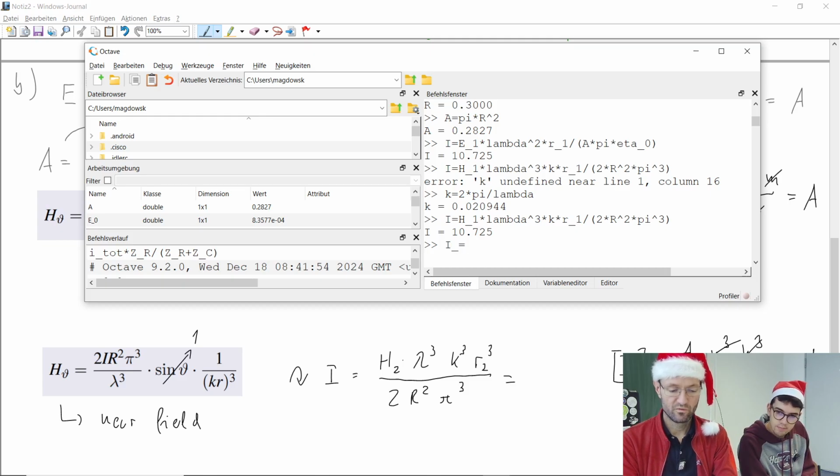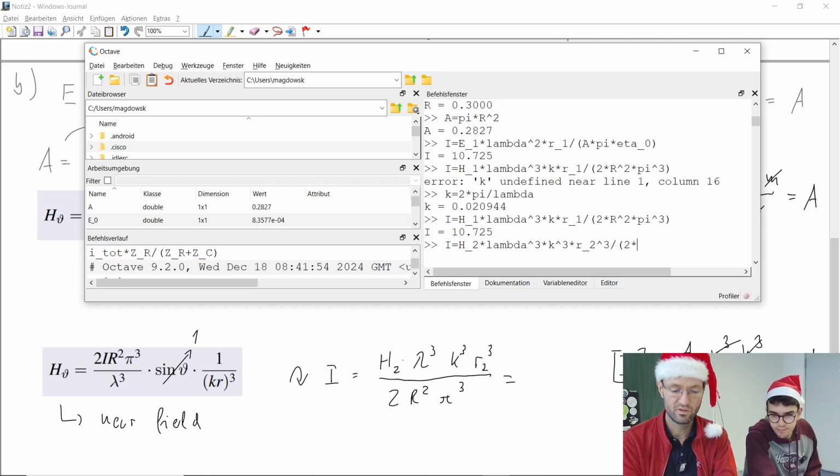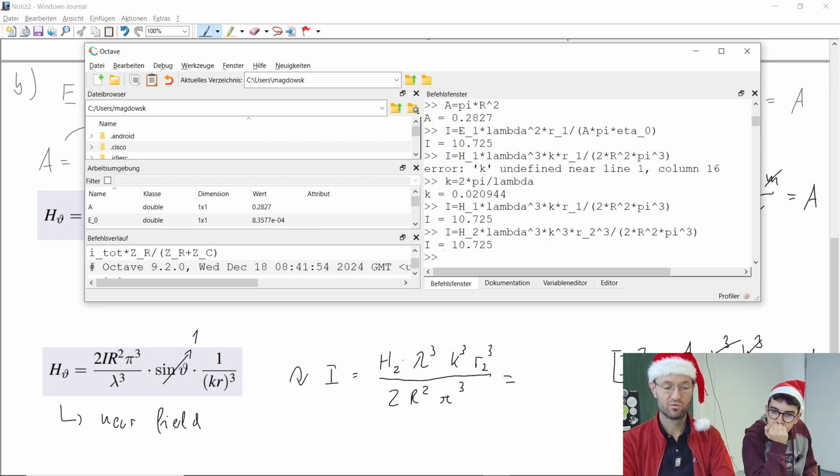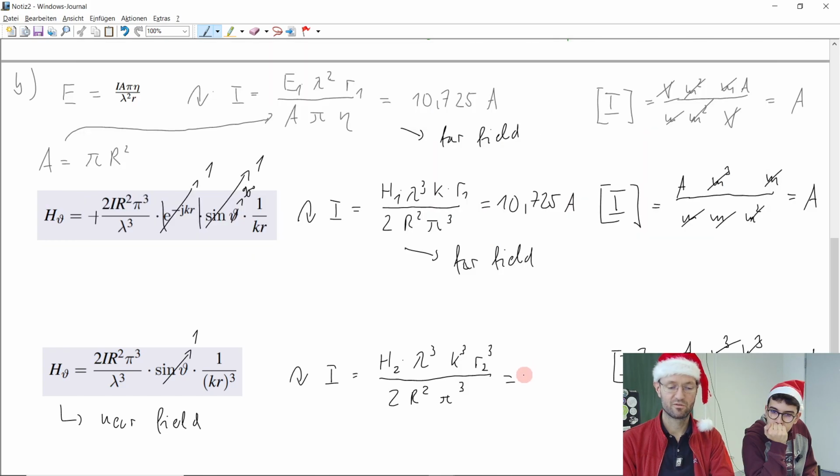So I will just retype the formula. I is H2 multiplied with lambda to the power of 3 multiplied with k to the power of 3 multiplied with R2 to the power of 3 and then still divided by 2 times R squared multiplied with p to the power of 3. Maybe I should have not retyped the formula, just copied it. Okay. So hopefully, let's see if we do this, we get the same value for the current, which also perfectly makes sense.